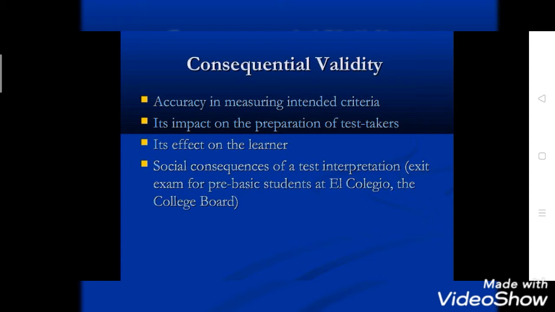And then the next point, its impact on the preparation of test takers and its effect on the learner. So the consequential validity will affect the learner. Social consequences of a test interpretation. Exit exam for pre-basic student at El Colegio, the college board.